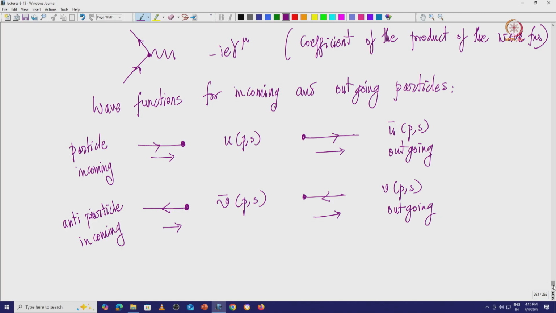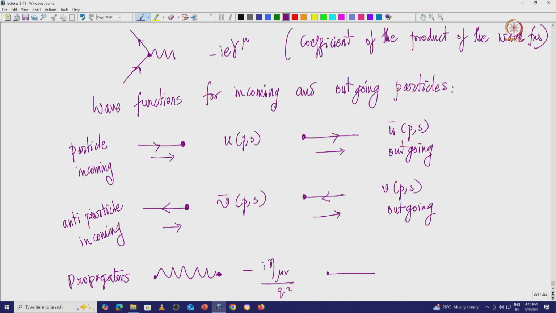Then the photon propagator is minus i eta mu nu by q squared.